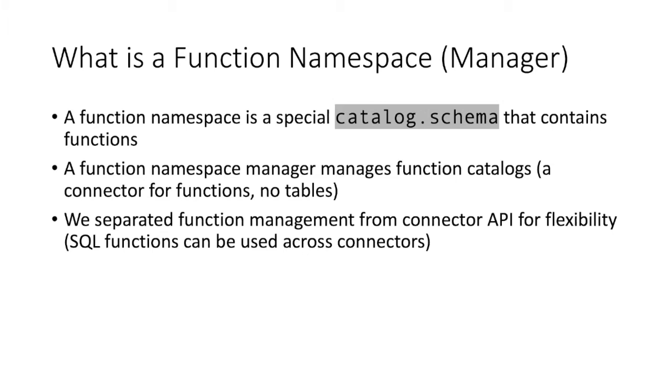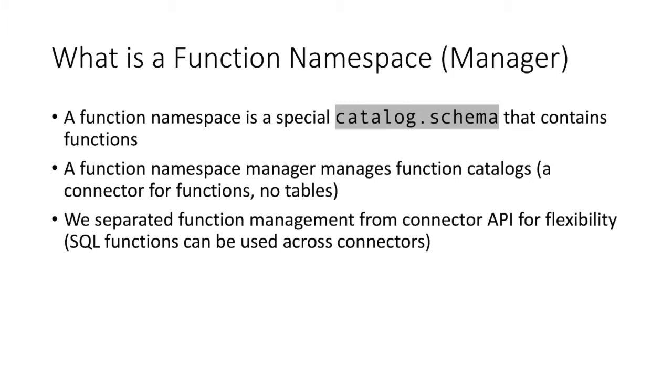But mapping to the SQL world, we actually don't have arbitrarily long dot notation for function namespace. So basically a function namespace is a catalog dot schema. Each catalog dot schema can potentially be a function namespace. And a function namespace manager is basically a piece of software or a plugin that would manage a set of these catalog schemas.